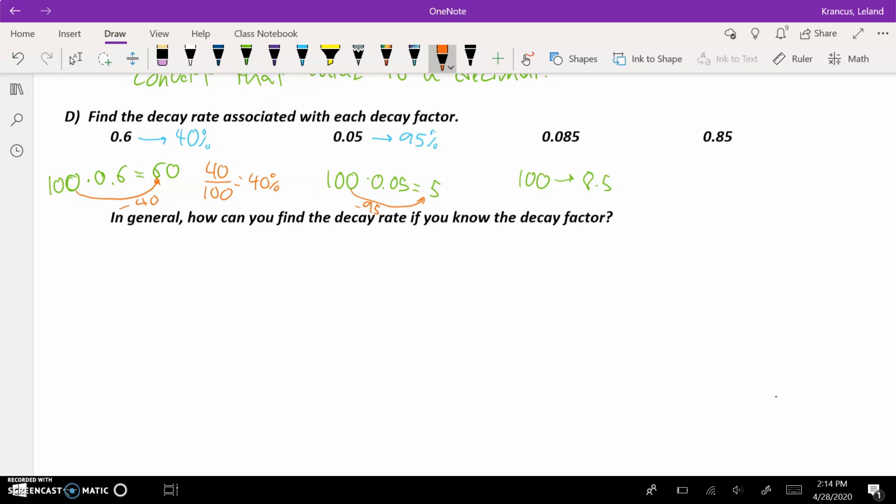That means I have lost $91.50, and my decay rate would be 91.5%. And for this last one, if I multiply by 0.85, my $100 would go down by $15, so that would be a 15% decay rate.